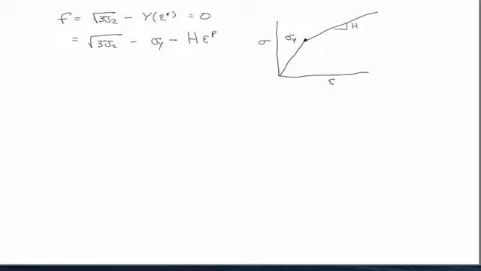And so we propose that function for isotropic hardening to be the quasi-static yield stress minus some hardening constant times the equivalent plastic strain. And this is pretty obvious if you just look at a plot, right? Stress, strain. If this right here is sigma y, the quasi-static yield stress, and then you have some hardening, this is your hardening modulus, and it's a function of the equivalent plastic strain.